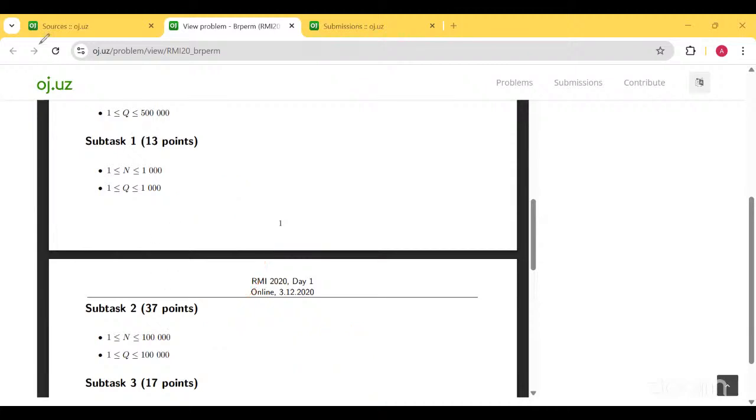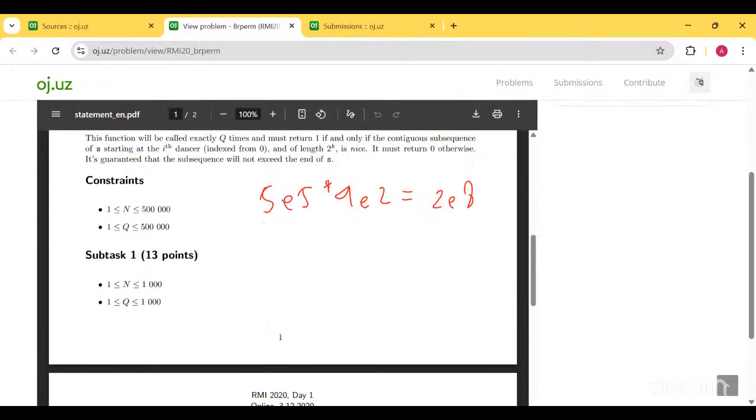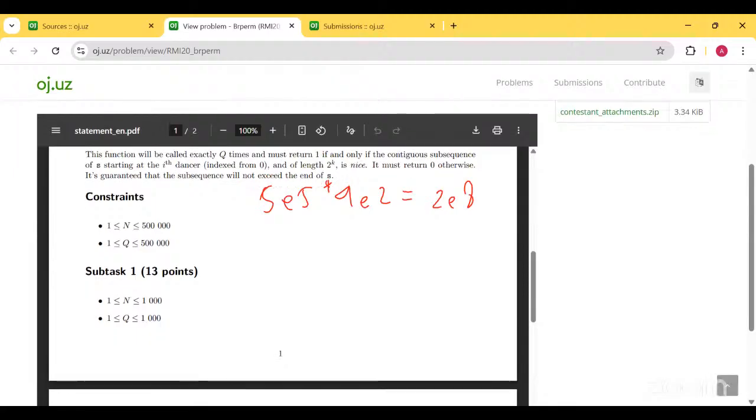But this is 5e5, right? So the log factor is around 20. How about multiplying with this? 2e8. Yes, maybe it still can pass, but we don't know.